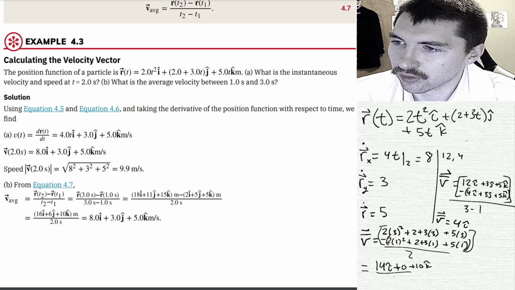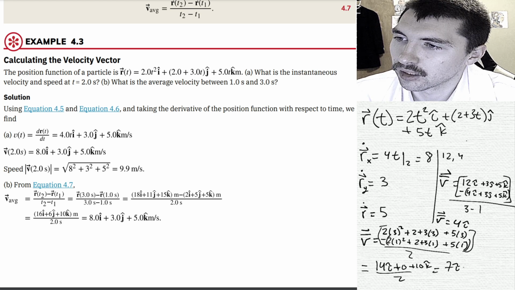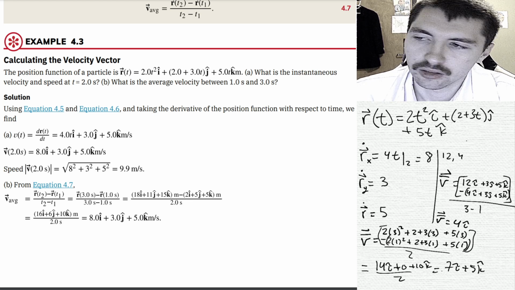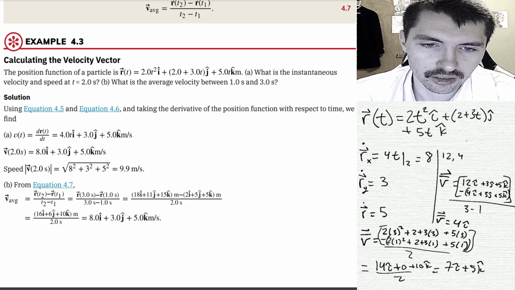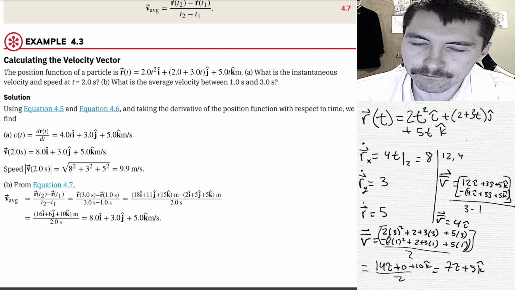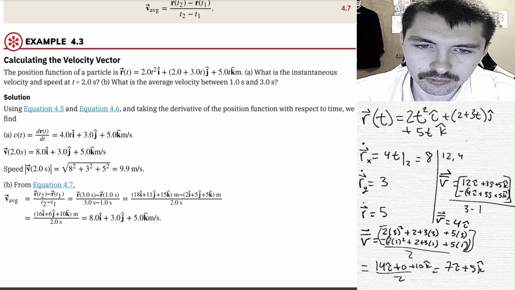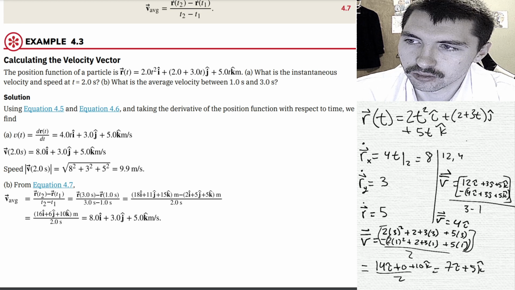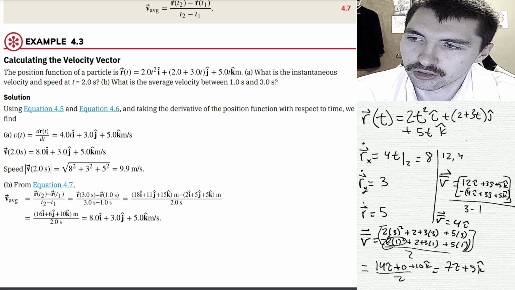So we have to take this by 2. That's 7i plus 5. Okay, so not quite. This should have been 2, not 4, this should have been 2, not 4.